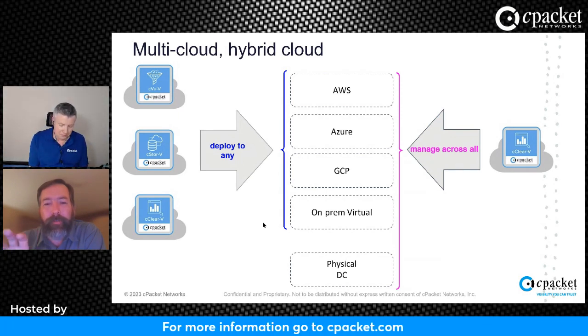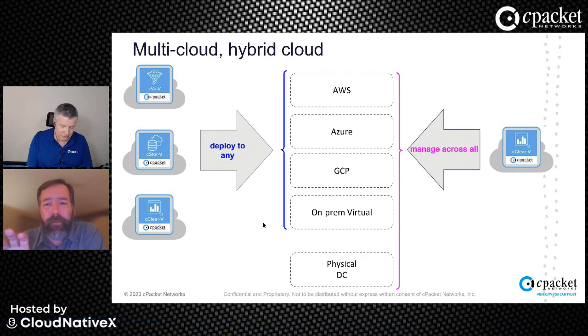And since cPacket is also a hardware company and we deploy these things into the data center, our virtual C-Clear product can also manage both our virtual products and our physical products all in one. So it really does provide that single pane of glass to access data and configuration and management functions across our product line.